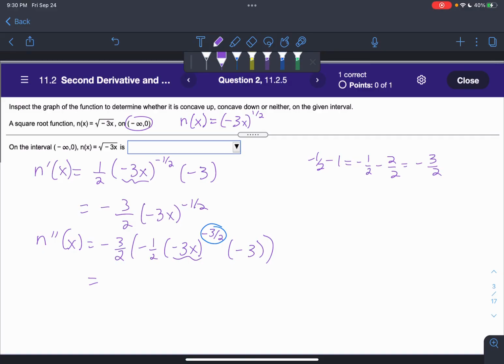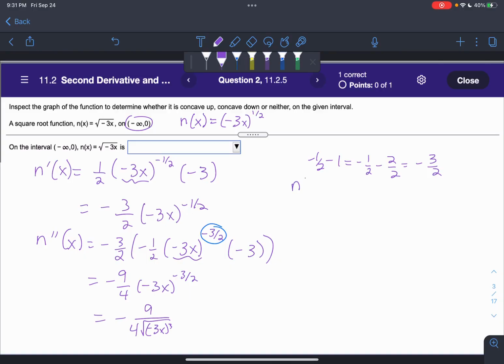I get negative 9, right? There are 3 negatives all being multiplied, so that makes negative 9 over 4, negative 3x to the negative 3/2. And we can rewrite it to make it look nicer for the next step. We can rewrite it as the square root of negative 3x to the third power. All right, and that's our second derivative.